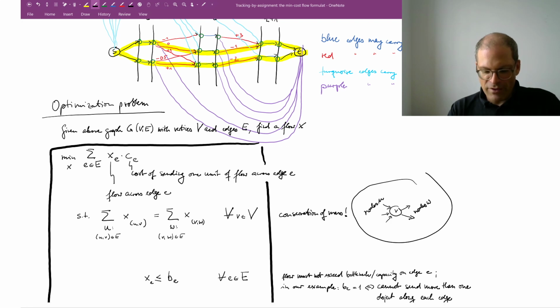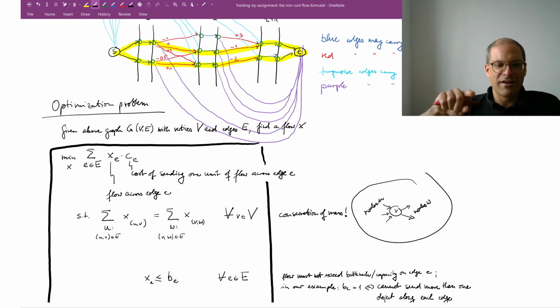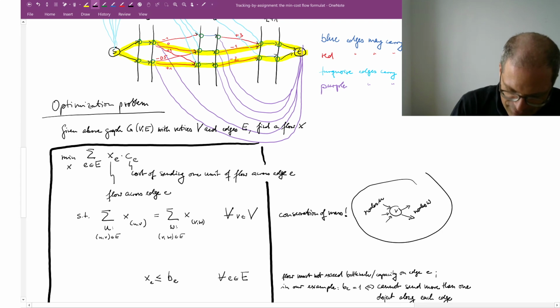And I want this flow to be identical to the sum of the outgoing flows. And then this needs to hold for all vertices in the graph except S and T, or we can even make it hold for S and T if I create another connection from T to S. So let's say here without S and T.